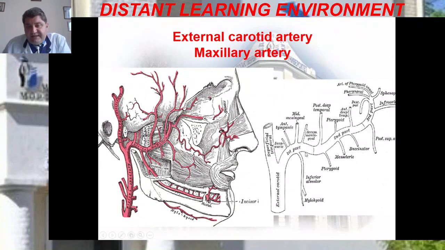And you may see the largest branch of the first part. This is the inferior alveolar branch, which passes, you may see in detail here, to the mandibular canal, and it gives a branch for the muscles of the oral floor, for example, for the mylohyoid muscle.